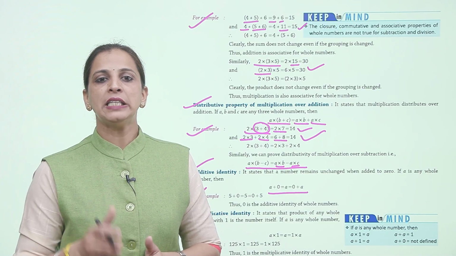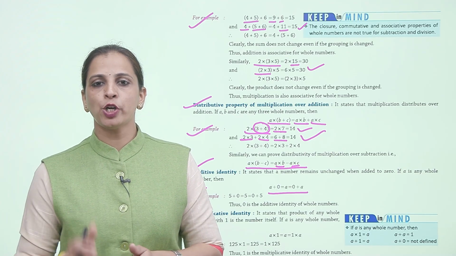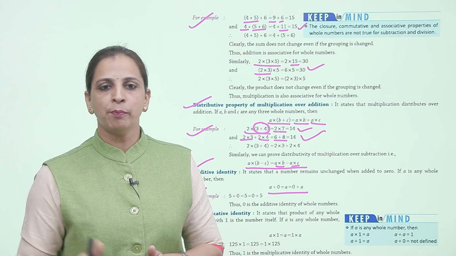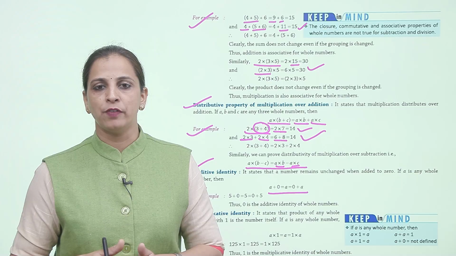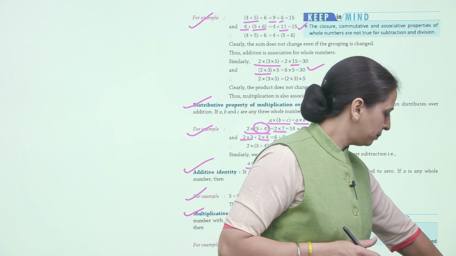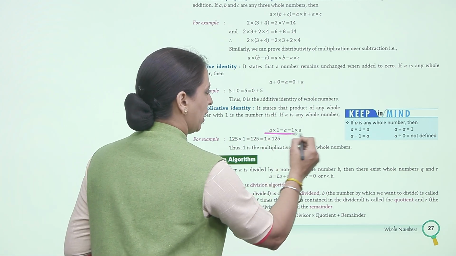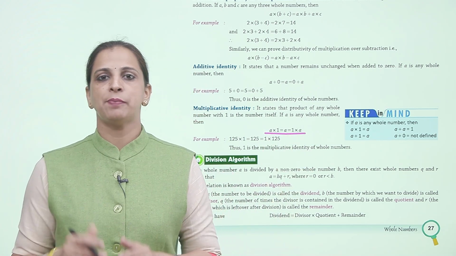Now next is multiplicative identity. It states that the product of any whole number with 1 is the number itself. If a is any whole number, then a multiplied by 1 is equal to a, which is equal to 1 multiplied by a.